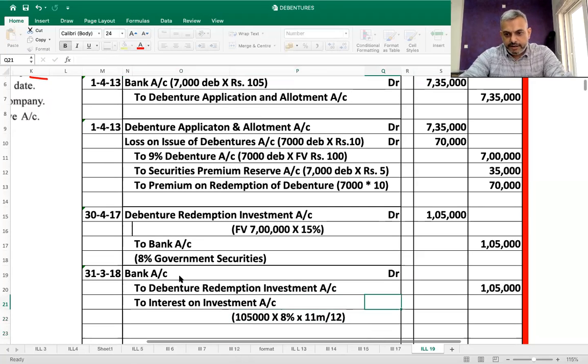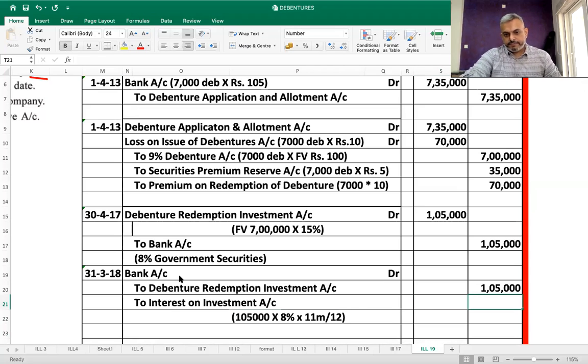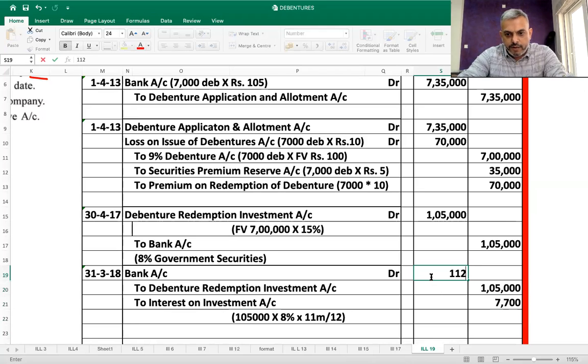Please calculate it on a calculator. So 1 lakh 5,000 into 8% divided by 12 into 11 comes to 7,700. Please check this out, 7,700. So total, how much money have we received? 1 lakh 12,700.